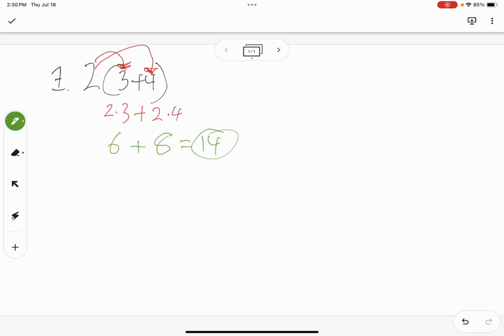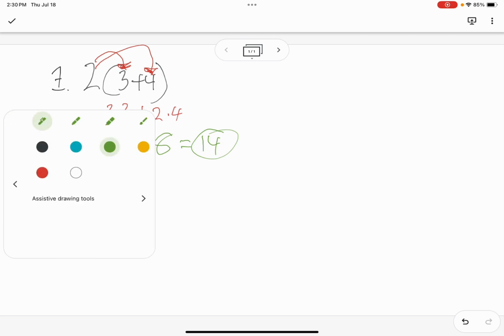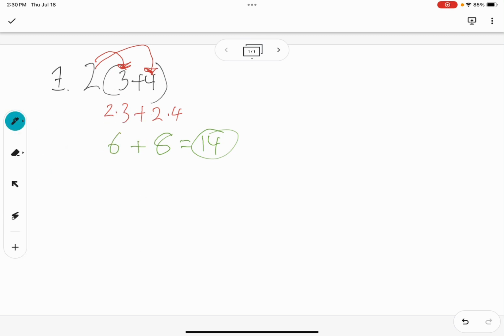Again, this is very similar to if we had done it the other way of just adding the 3 plus the 4, which would equal 7, and then we multiply that by the 2. 7 times 2 is 14. So that's the distribution property, where we distribute this number that's outside into each term that's inside the parentheses. Okay, here's another example of this.